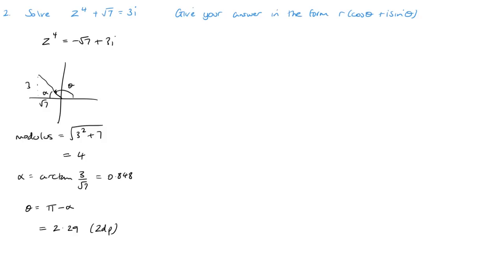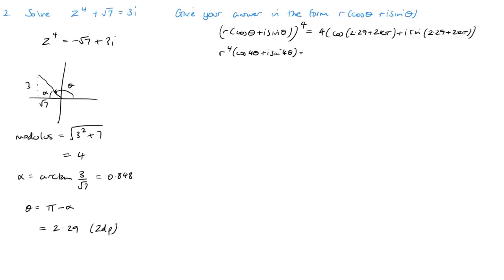Right, now let's look at what we've got for our z4. So z4 can be written as r cos theta plus i sine theta, and that is raised to the power 4. And then we've got 4 cos 2.29 plus 2k pi plus i sine 2.29 plus 2k pi, which is r to the power 4 cos 4 theta plus i sine 4 theta, and the right stays the same.